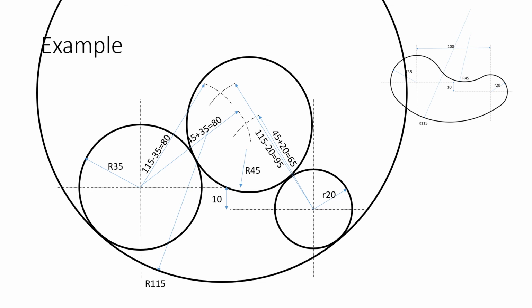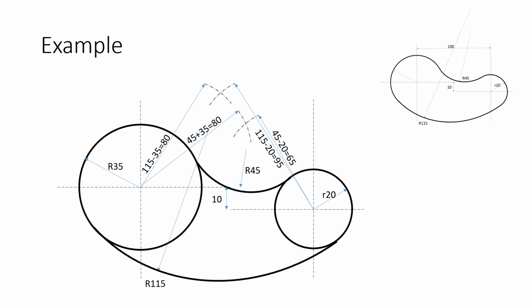So once you have the circle there, what we will do is trim to get the required arcs that we need. We're almost there. We have to do some more trimming.